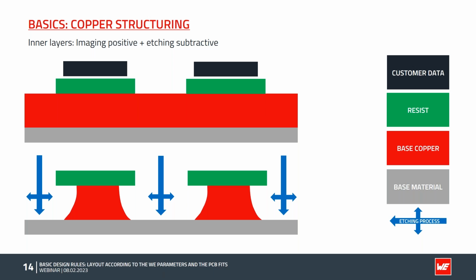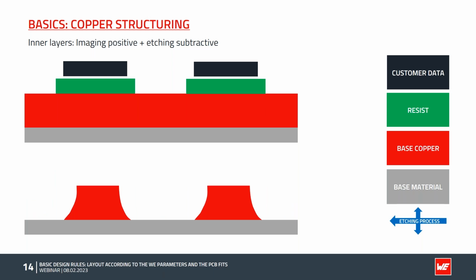The next step is removal or stripping of the etch resist, and here we are with the lines you wanted in your data. And the line width is measured at the foot according to IPC. So that's the final etched copper as it's standard in PCB production.